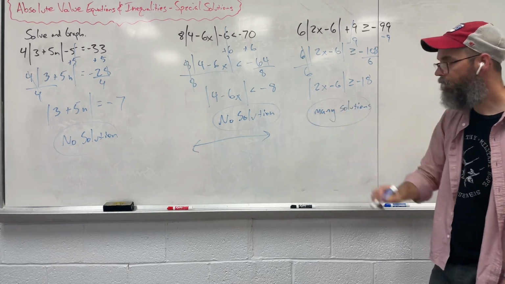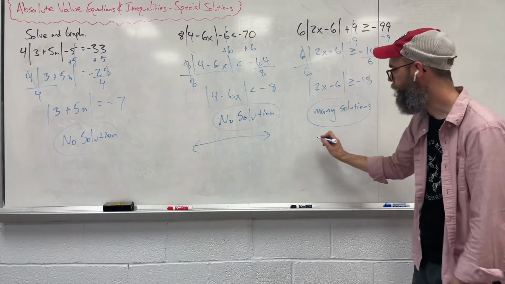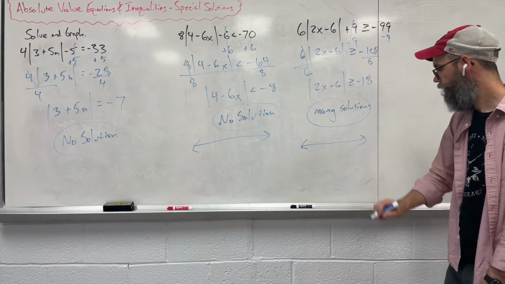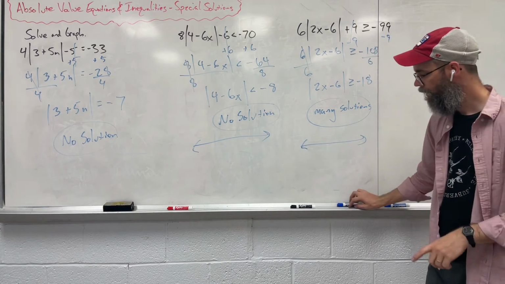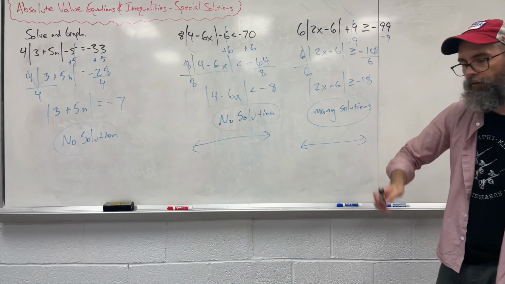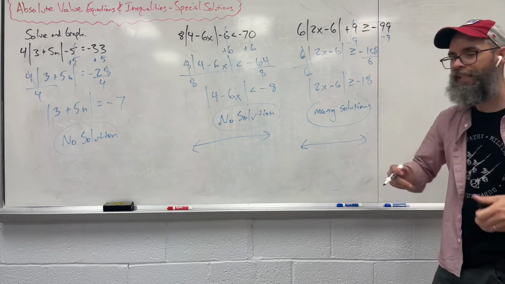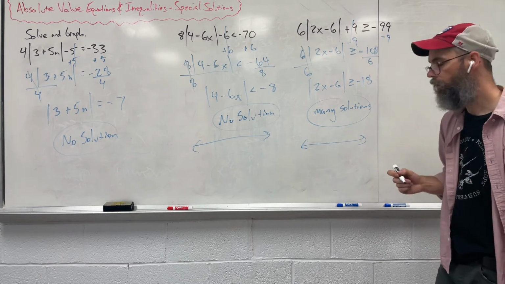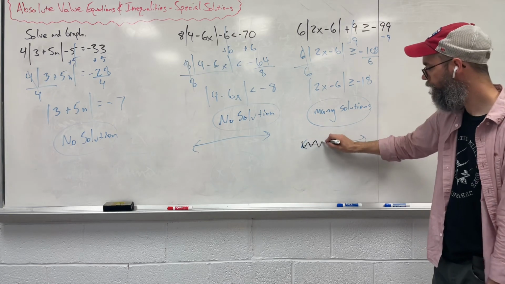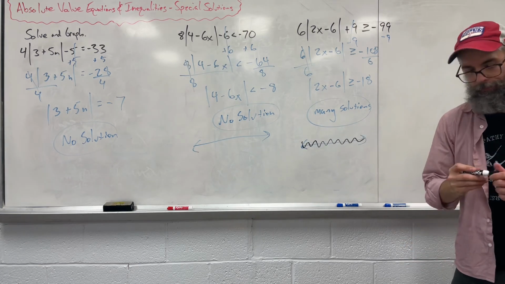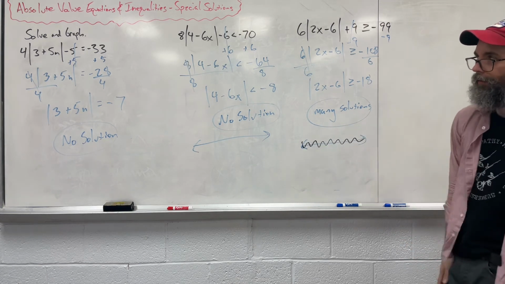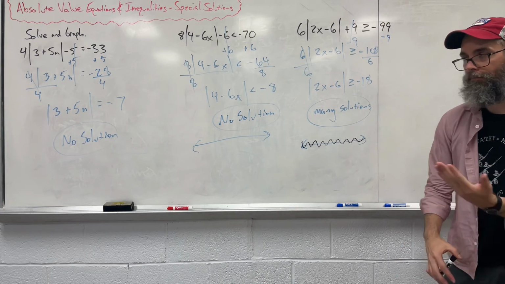Now we need to graph that because we have an inequality. So there's your number line. If we say infinitely many solutions, that means every number ever is an answer. So what does the graph look like? It's all colored in. That is absolute value equations and inequalities with special solutions.